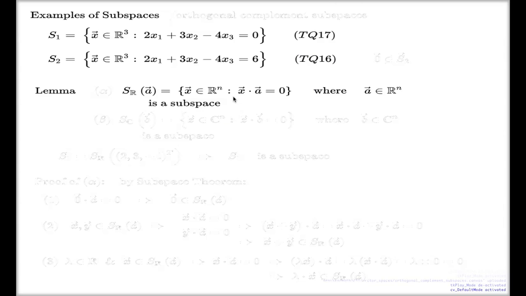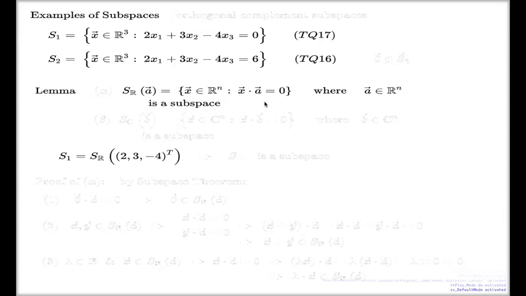If I prove that the set of such structure is in fact a vector space, then I can answer the question in relation to S1 by simply referring to this lemma, by simply saying that S1 is the set of this structure for the particularly chosen vector A. If I choose in place of this vector A, 2, 3, negative 4, this condition will be exactly the condition of perpendicularity, the dot product being 0.